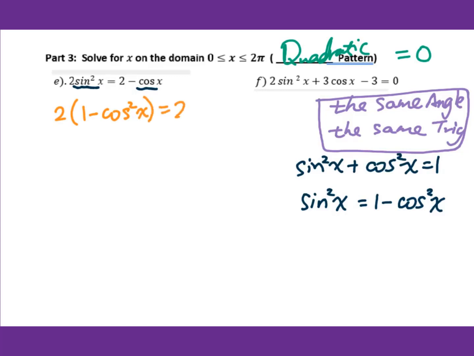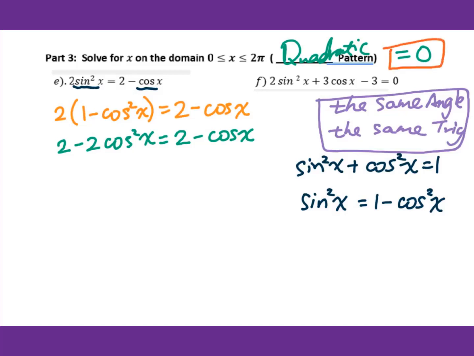That's the first step. Then you need to check which side you need to move. We got 2 minus 2 cosine squared x equals 2 minus cosine x. This is a quadratic pattern. We need equal to 0.